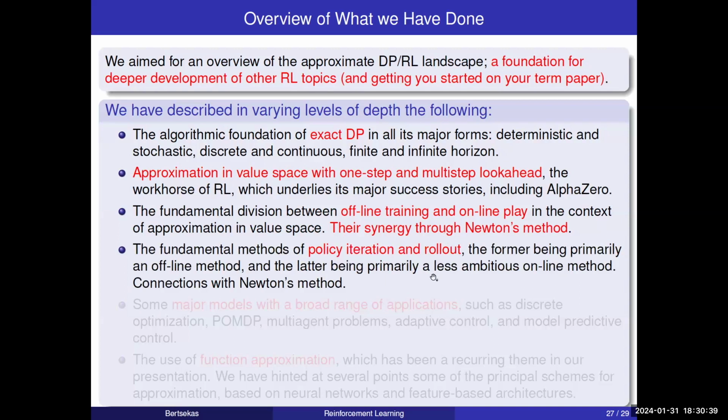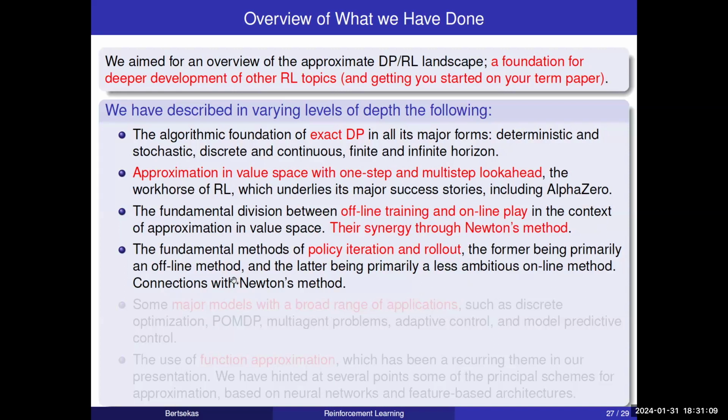Fundamental methods are policy iteration, self-learning, AlphaZero, TD-Gammon, and also rollout, which is also important within a similar context. However, policy iteration is primarily an offline method because you have to learn cost functions and policies repeatedly, and that requires training with neural networks, which takes a lot of time and cannot be done online.